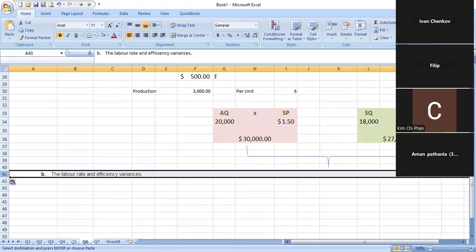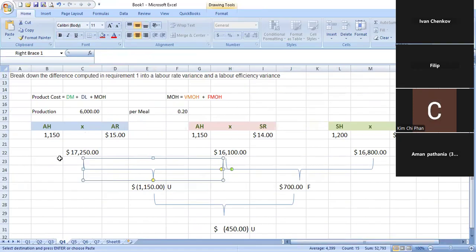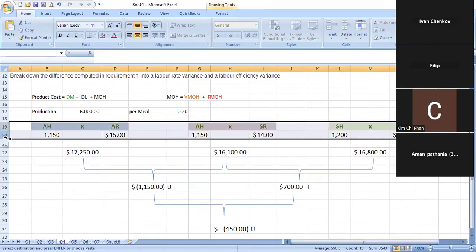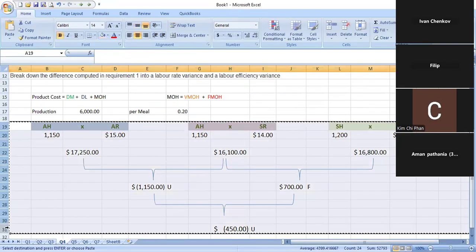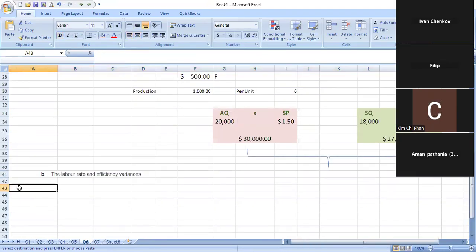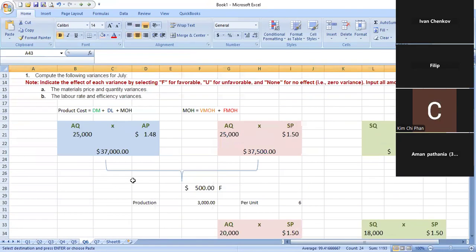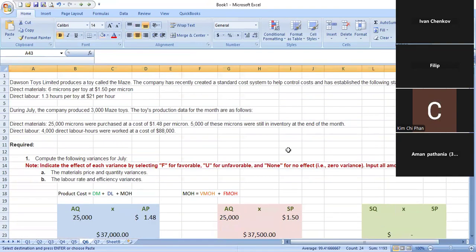For the labor, I'm going to grab this chart from here and flip it right here. So for the labor, we start digging into information about labor.